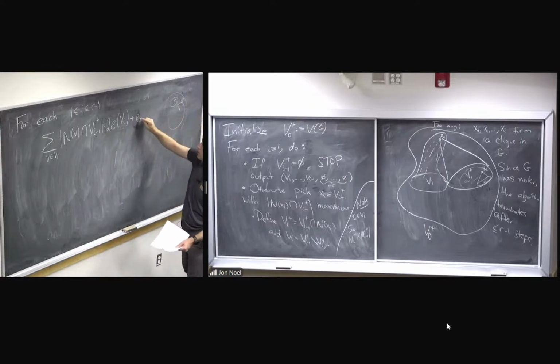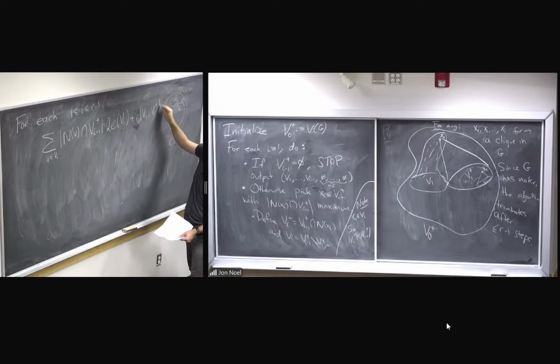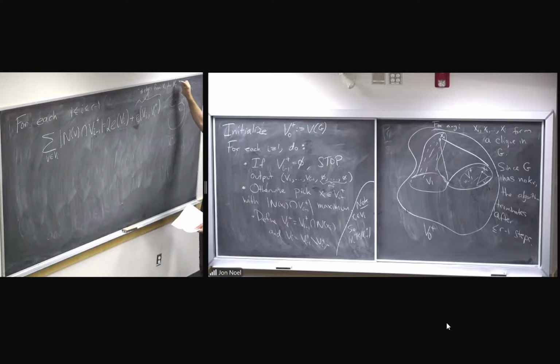The notation I'll use is E(V_i, V_i plus), the number of edges with one endpoint in each set. Is it clear? This is just handshaking.